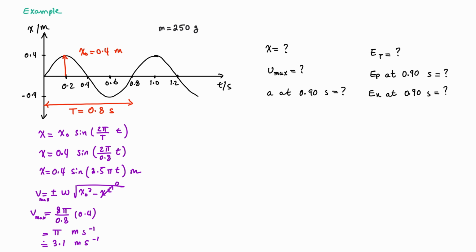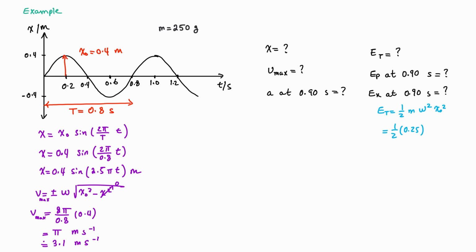Before finding the acceleration, potential energy, and kinetic energy, I'll do the total energy as well because I have all the information for it. The total energy is going to equal 1/2 times the mass times omega squared times the amplitude squared. The mass is 250 grams, here that's 0.25.